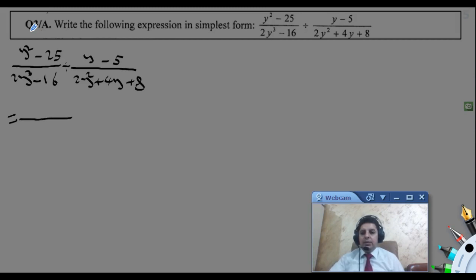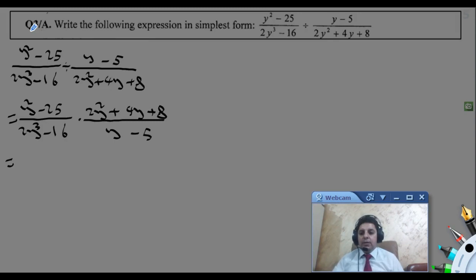Change the fraction, denominator to numerator, numerator to denominator: times 2y squared plus 4y plus 8 over y minus 5. Then use factoring for all terms.